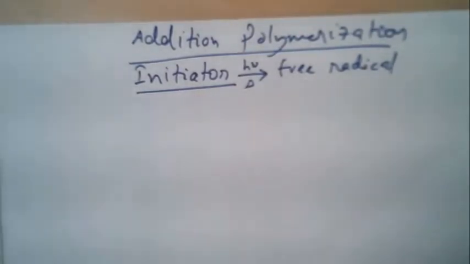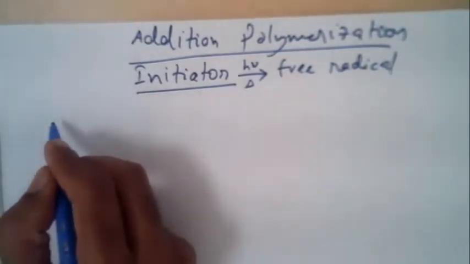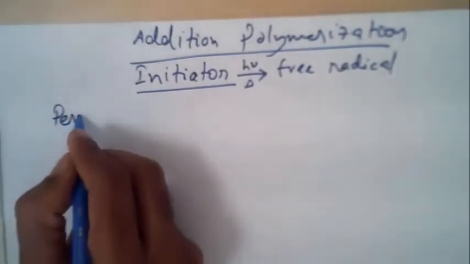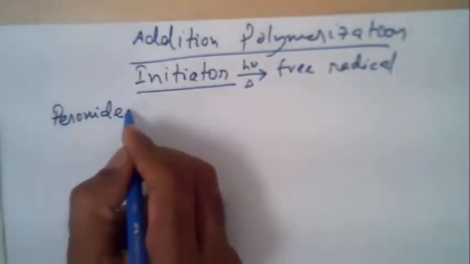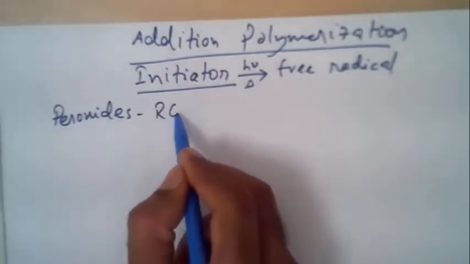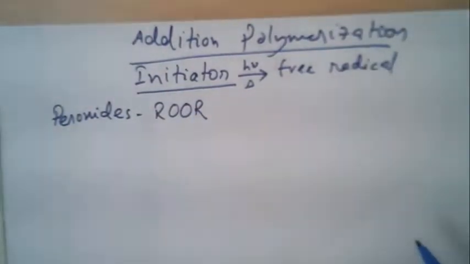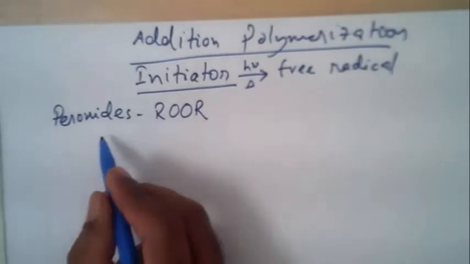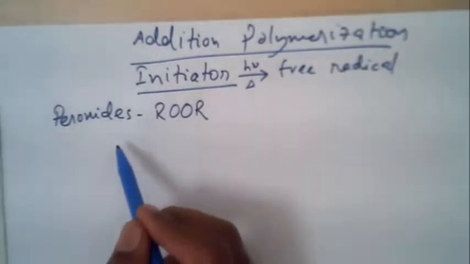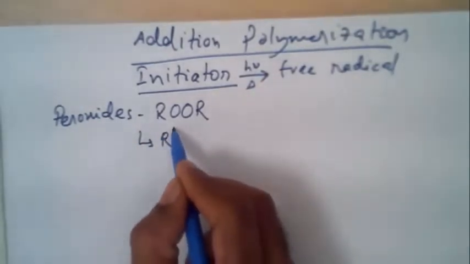Some of the initiators that we have already discussed, which are there in my PPT as well: peroxides. They look something like this. When they undergo free radical formation, they are going to give R dot.